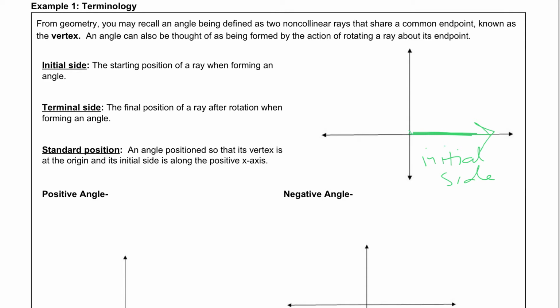And then where it ends, this is just going to be a straight line. This is our terminal side. So there's our angle of rotation. Here's the vertex. So this is side 1, the initial side. As we rotate it, wherever it stops, this side right here is the terminal side.